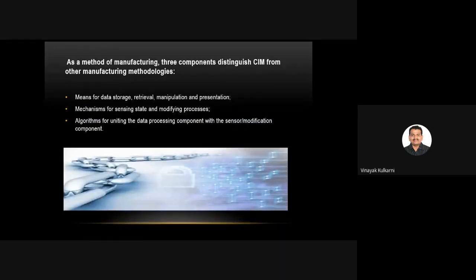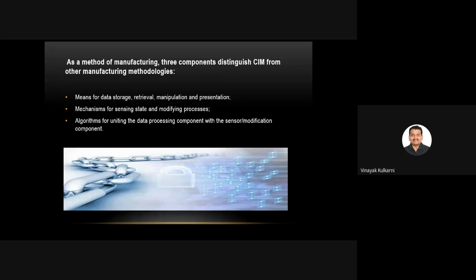As a method of manufacturing, three components distinguish CIM from other manufacturing methodologies. First, means for data storage, retrieval, manipulation, and presentation. Initially, the machine drawing or the graphics, which we were doing on sheets, now you're doing on the computer. If any changes were to be done, we had to rub completely, again do the design changes on the paper, again show it, and again get all the data corrected.